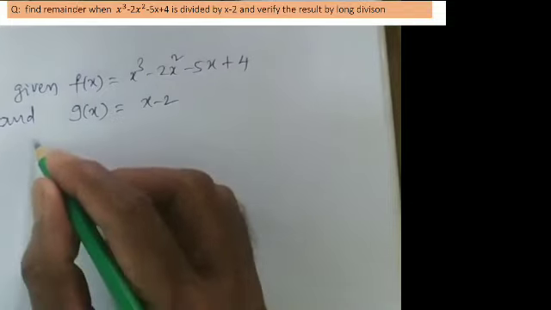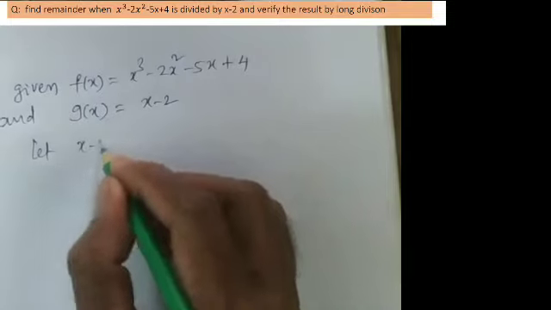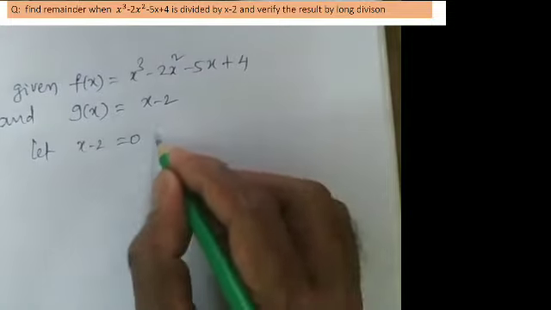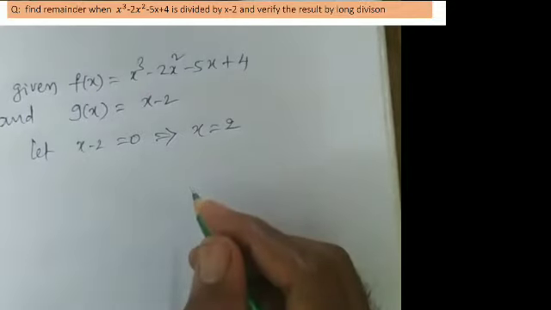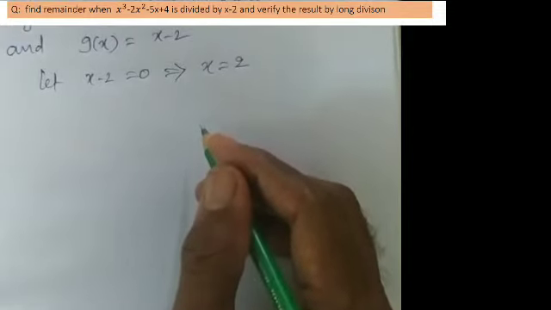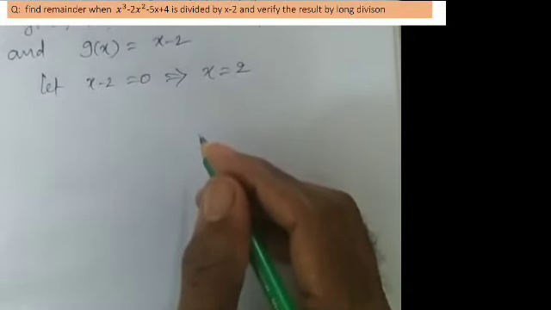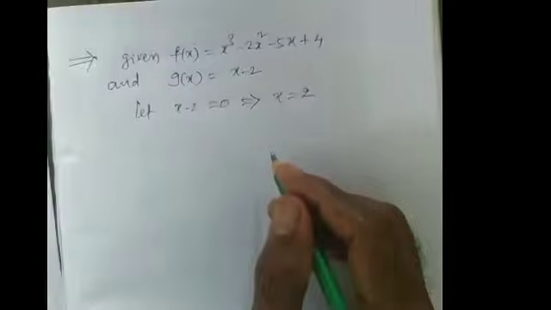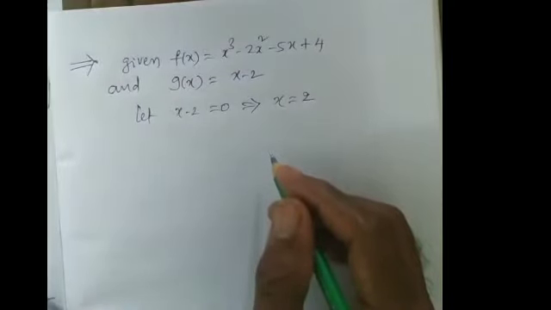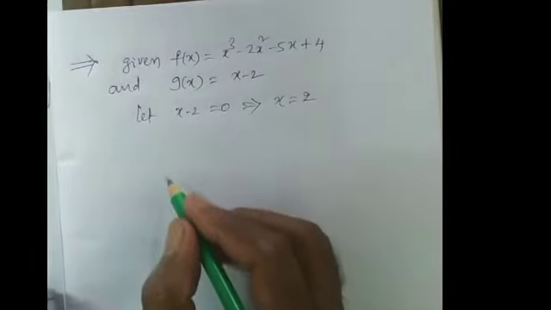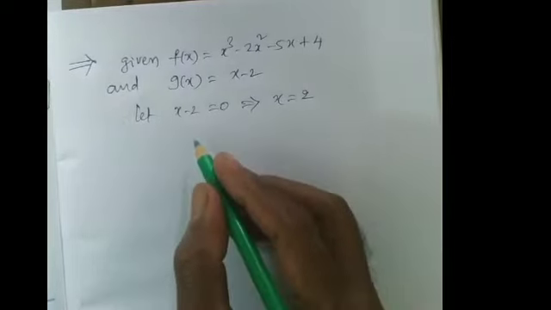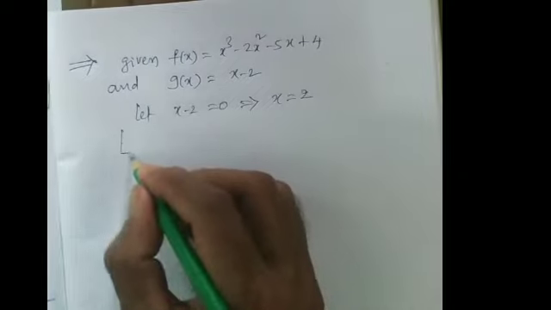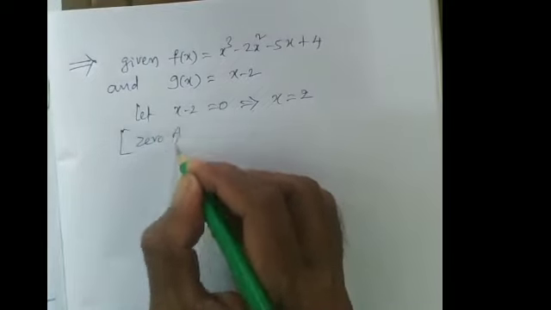Here, importantly, all the terms are in descending order, so no missed term, so we can do long division also very easily. The zero of the binomial x minus 2 is 2. So replace x by 2. In f of x, wherever x is there, substitute 2.